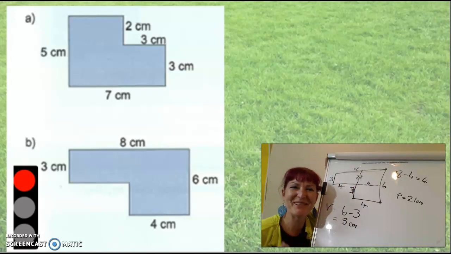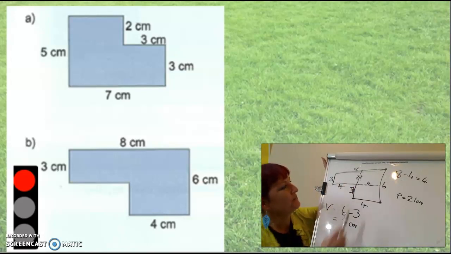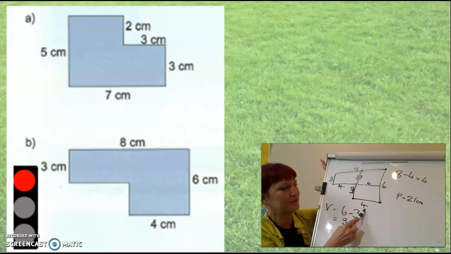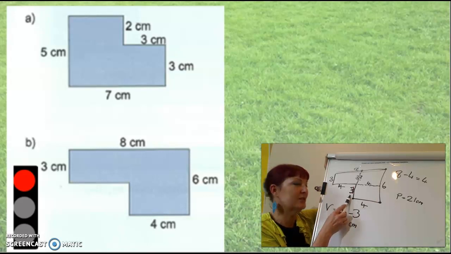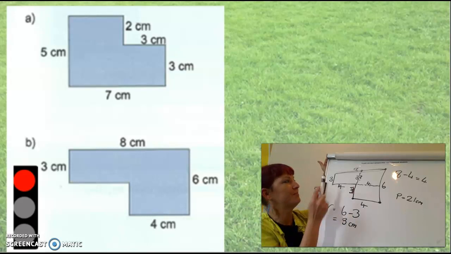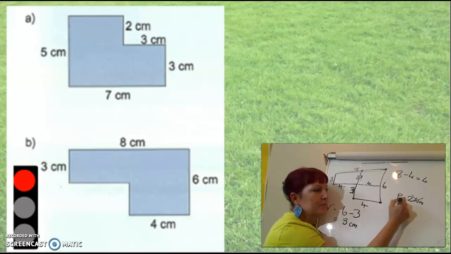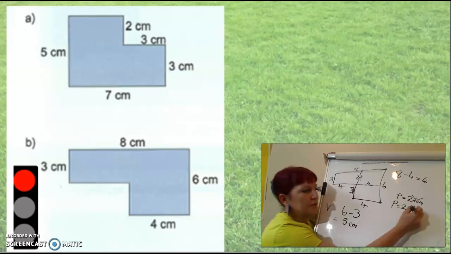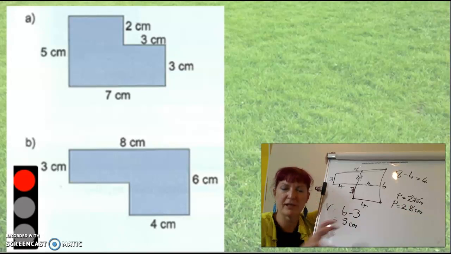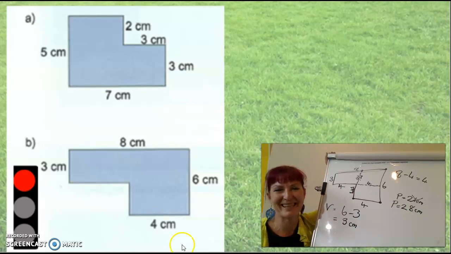Now what I've got to do is add them all up together. 8 plus 6, 14. 14 plus 4, 18. 18 plus 3, 21. 21 plus 4, 25. 25 plus 3 equals 28, so P equals 28 centimetres. And if you wanted full points, you would write your method out completely.